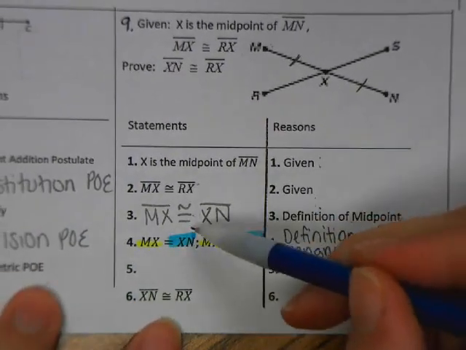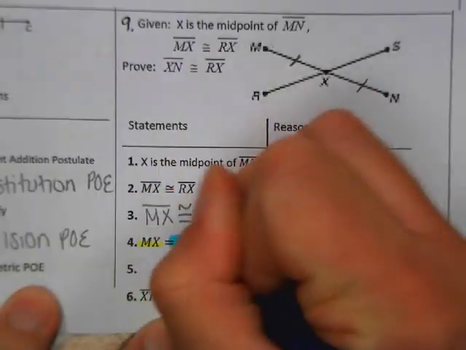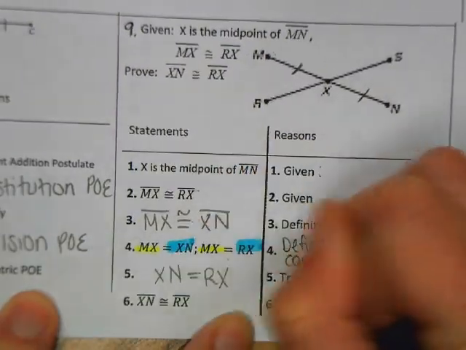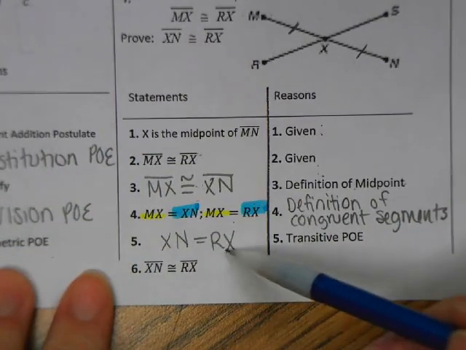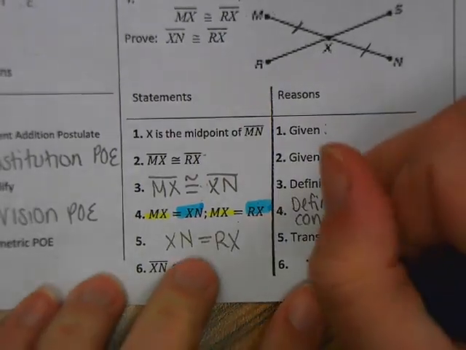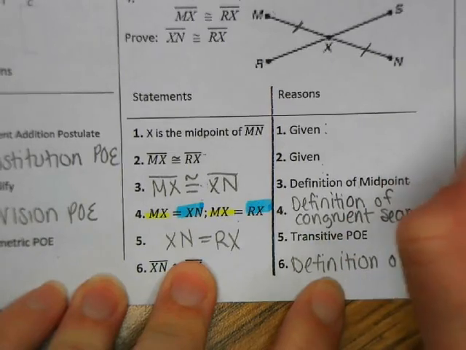So if MX equals XN and MX equals RX, then XN has to equal RX by the transitive property of equality. And then if you go from being equal to congruent, that's definition of congruent segments.